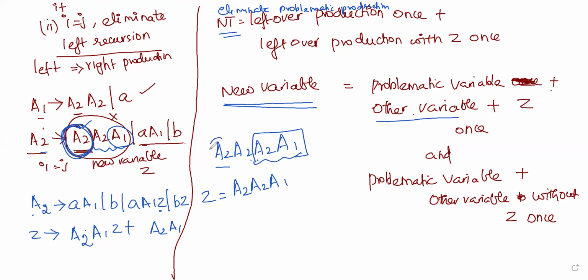So you will eliminate the first variable. Think like this: eliminate the first one, write the problematic variable once, then the rest is considered the other variable.